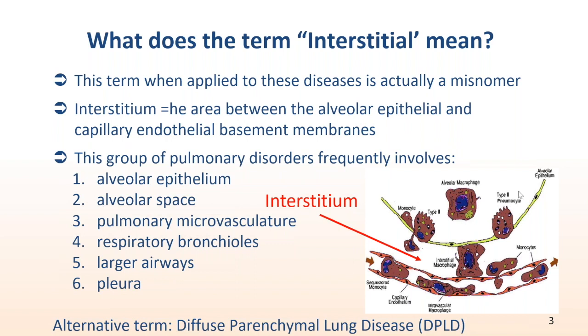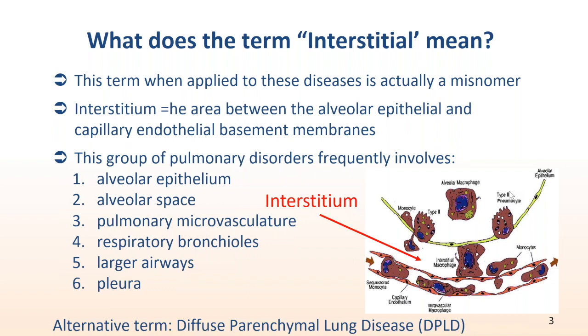We are well aware of the alveolar diseases, but this is an area which is generally not understood well. This term is a misnomer. Reason is that it's not only the interstitium that is involved, but adjacent areas like the alveolar epithelium, the pulmonary vasculature, the smaller airways, which are the bronchioles, pleura, and sometimes the larger airways are also involved.